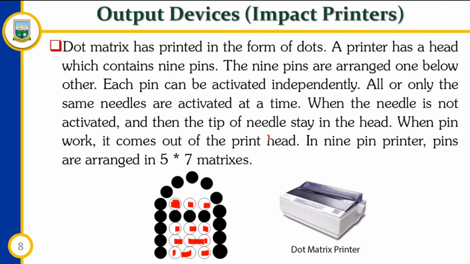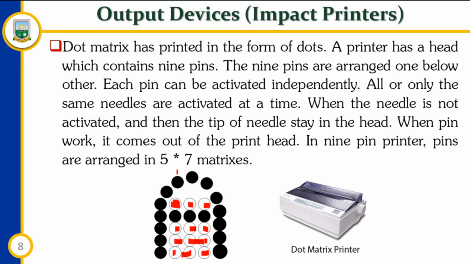Now when the pin works, that is if it needs to really print, then what it does is it comes out of the print head to print out the character.